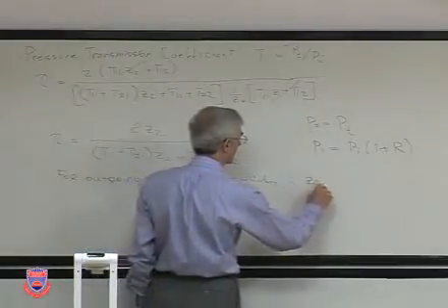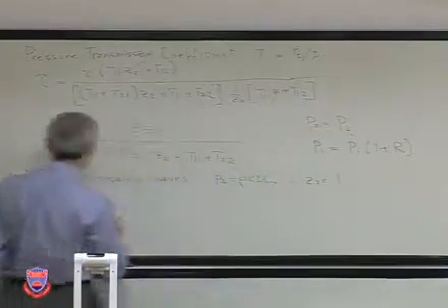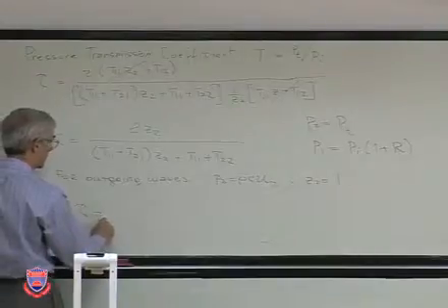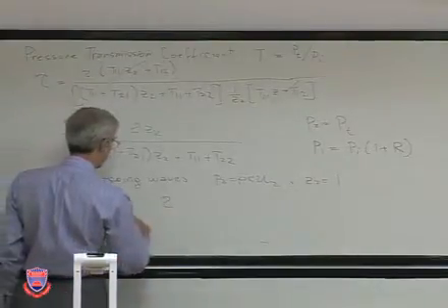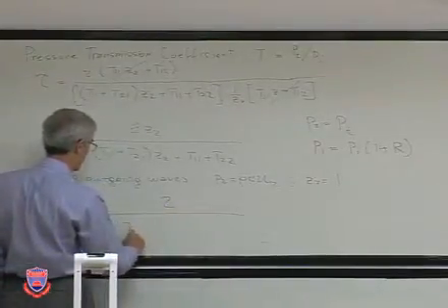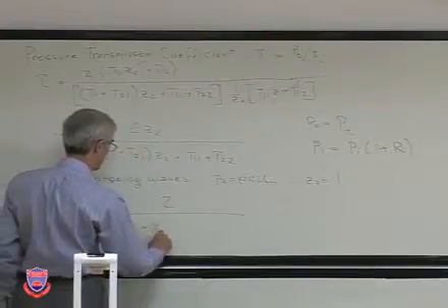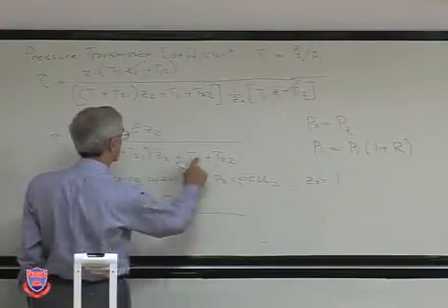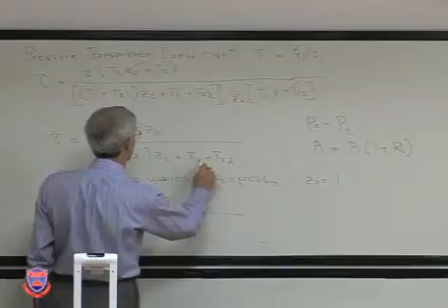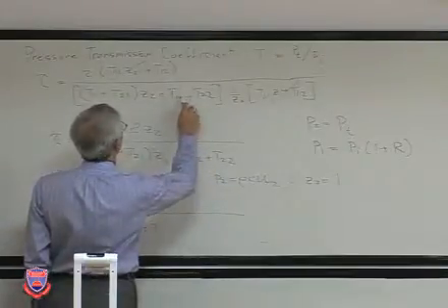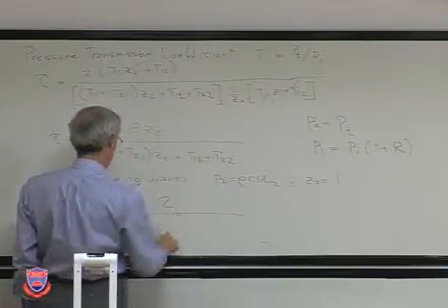It means Z2 is equal to 1, and tau takes a familiar shape. There's a mistake here. Sorry, this is 1, 2.